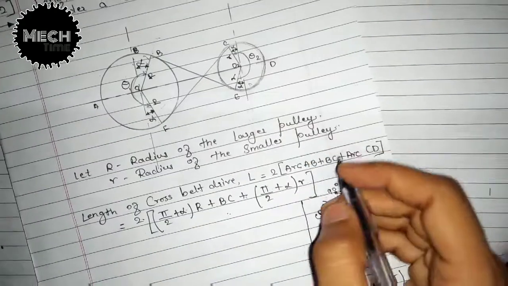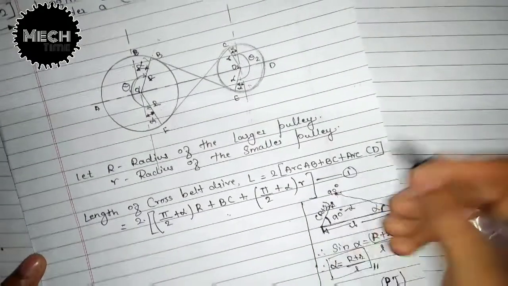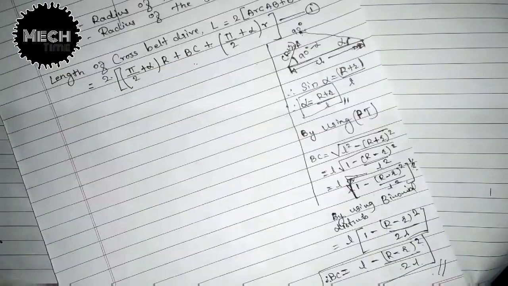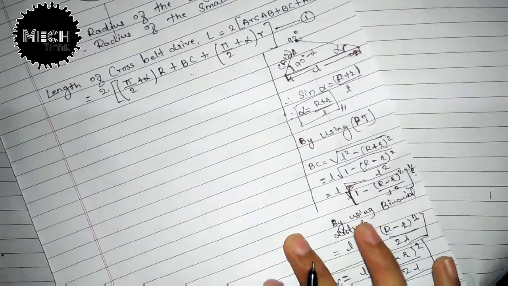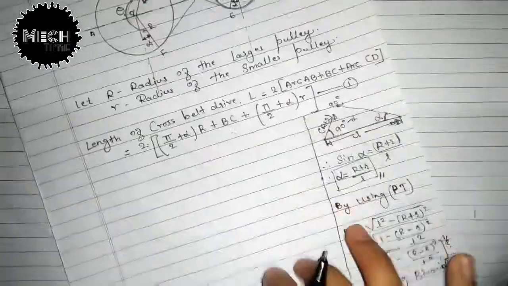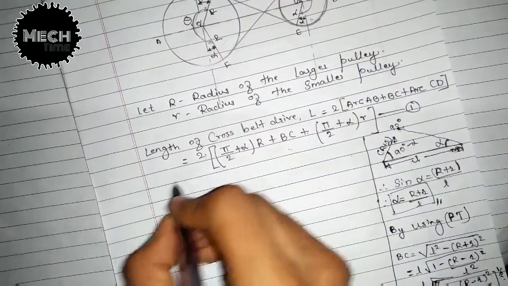Now I'll take this equation as equation 1, because you need to substitute the value of BC in it. So now put the value of BC in equation 1.